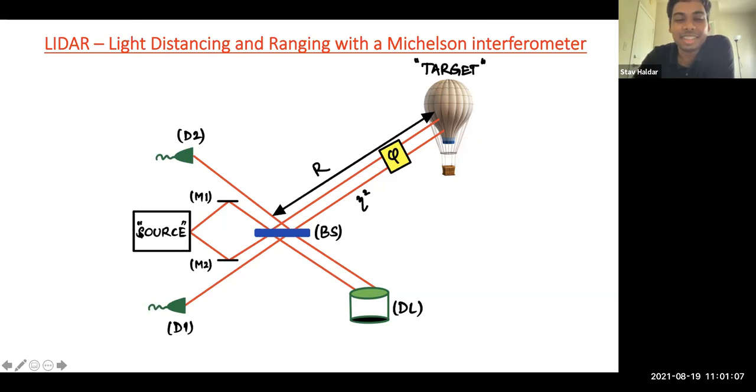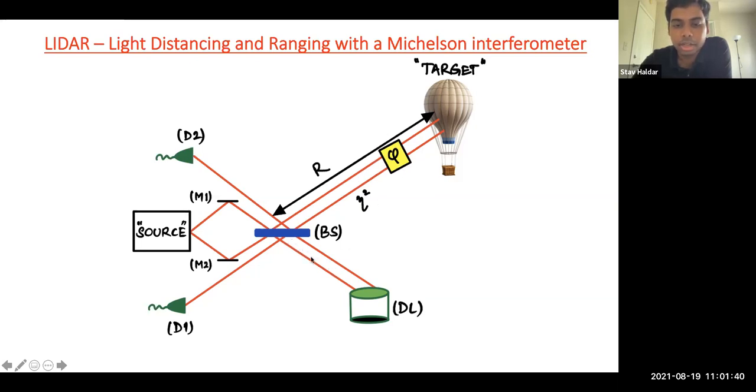So you have this source which will give you either coherent or squeezed or any kind of input. You have the basic Michelson interferometer setup, which is just a single beam splitter, and then the two mirrors at the end are now replaced by, in one arm, the target, which is the arm not under your control, and this is the arm in which you are trying to calculate the acquired phase, the extra relative phase.